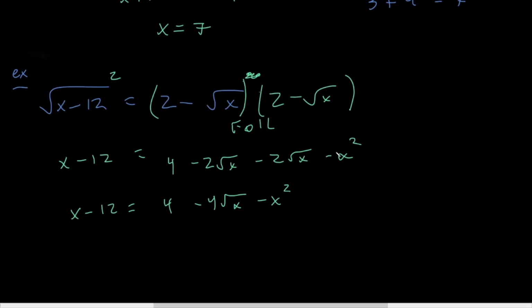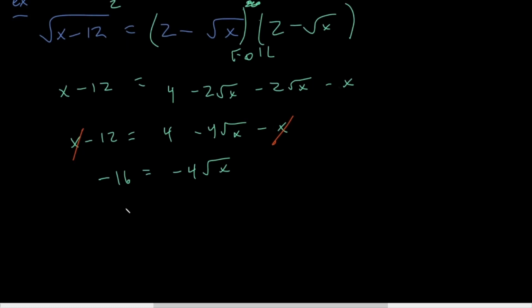This would be minus x to the 1 power. It's square root x times square root x, so it's just x to the 1 power. Cool. That's better. So these x's go away. And let me go ahead and bring the 4 over. So this is negative 16 equals negative 4 root x.